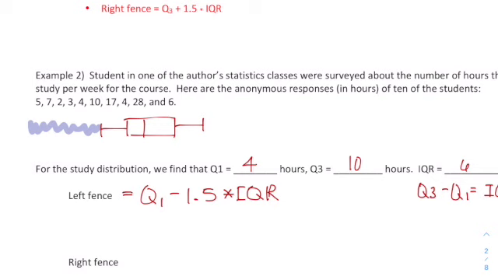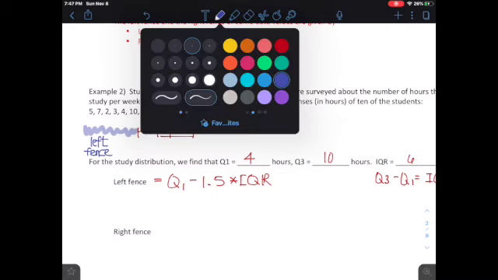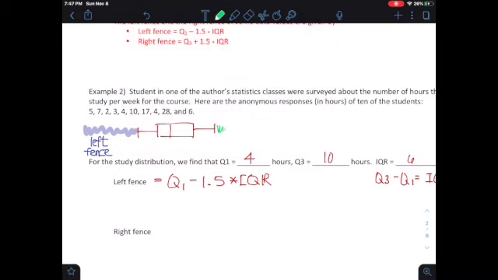Those are your left fence, all right? And then this part right here is going to be your right fence. Right? So it's going to be further out.